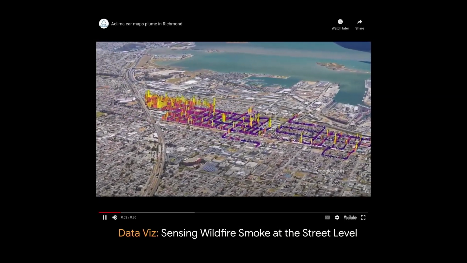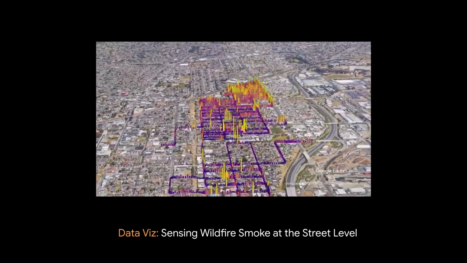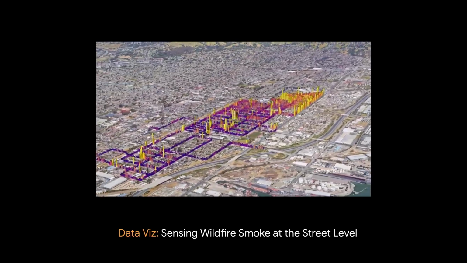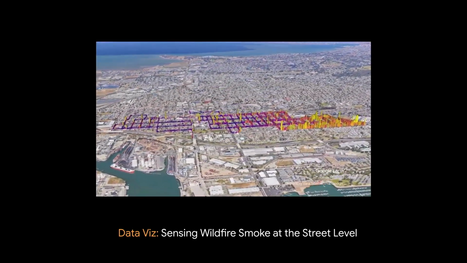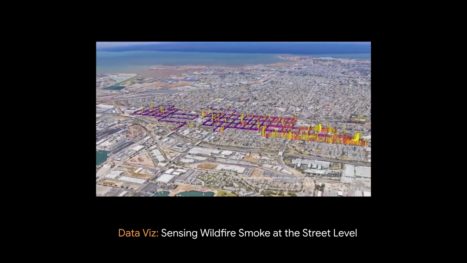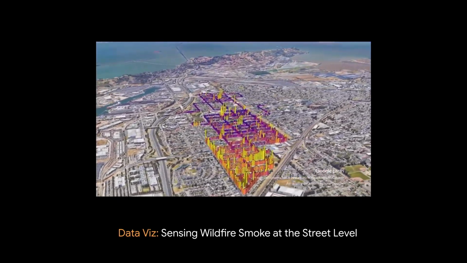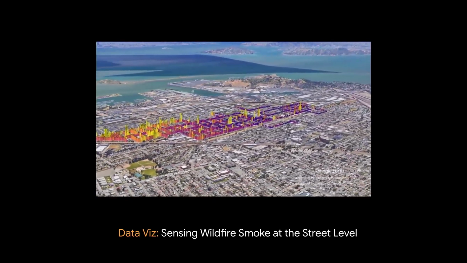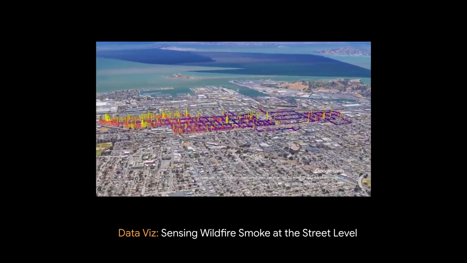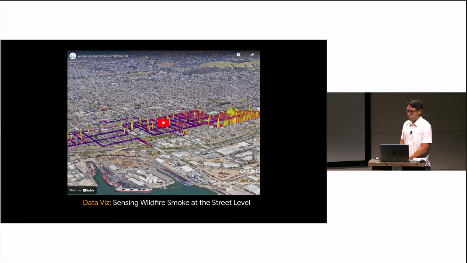So here, one of our partners, Aclima, they imported essentially air quality data into Earth Studio, and we're seeing a nice pull out with a bit of rotation, and you can really see the air quality extruded as polygons and how it creates a very nice visualization. It shows, in this particular case, the Camp Fire that happened in the Bay Area and how that affected air quality at the street level.